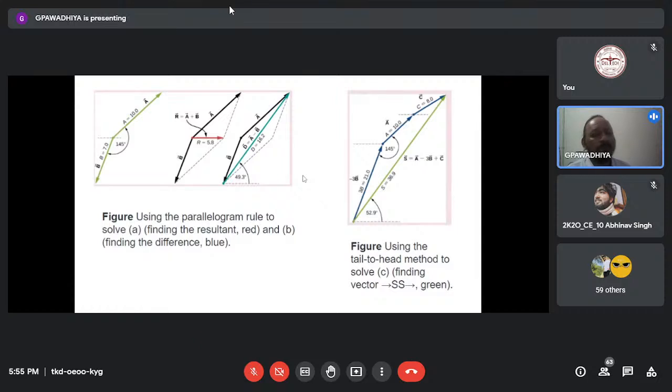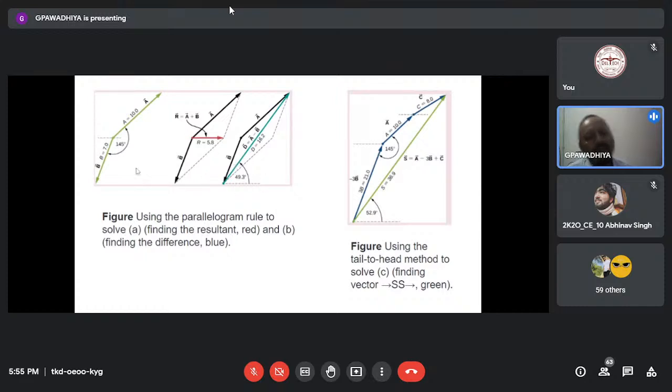Now one more example, a very interesting example. There are two vectors here. Vector A is 10 units directed like this, and vector B is 7 units directed like this, and the angle between these two is 145 degrees. If you want to represent A plus B, in the parallelogram it will be represented by this diagonal, right? And if you want to represent A minus B, it would be represented in this manner.